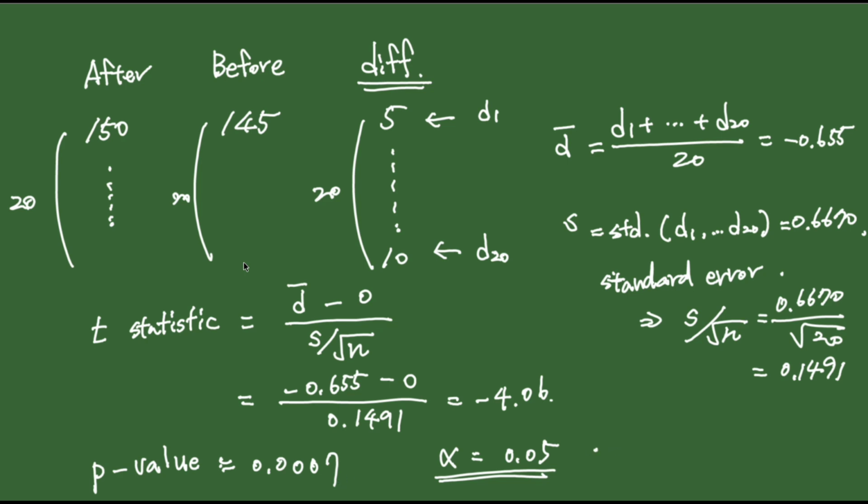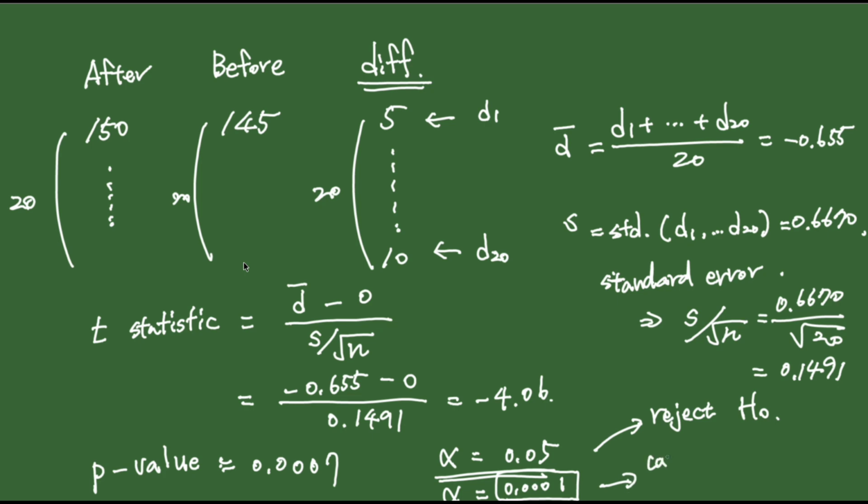In this case, we can reject the null hypothesis. However, let's say there's another situation. Our significance level is really small, such as 0.0001. If our significance level is less than our p-value, then we cannot reject.